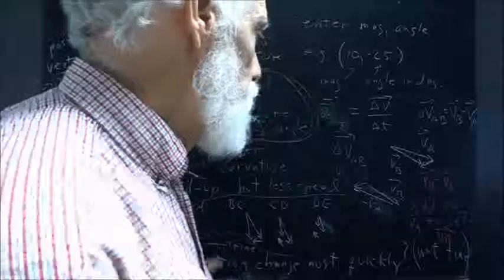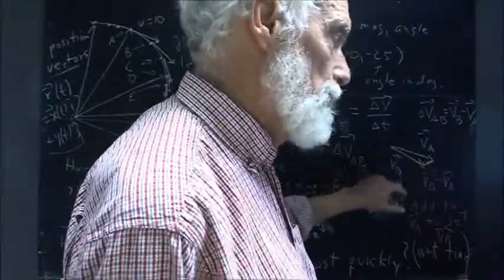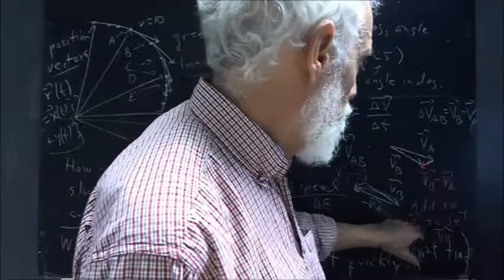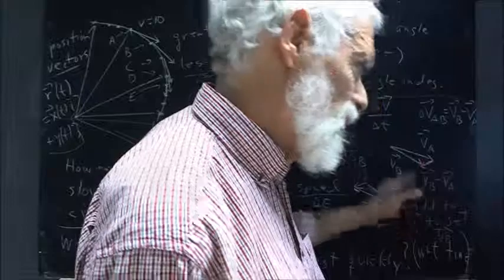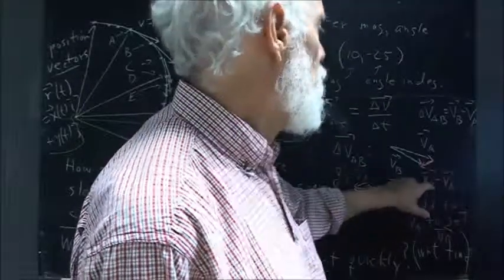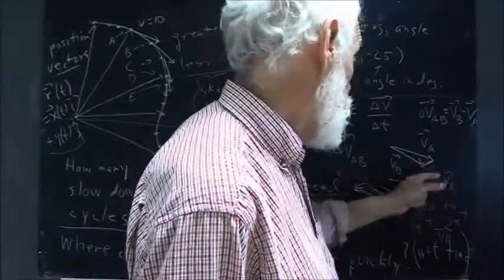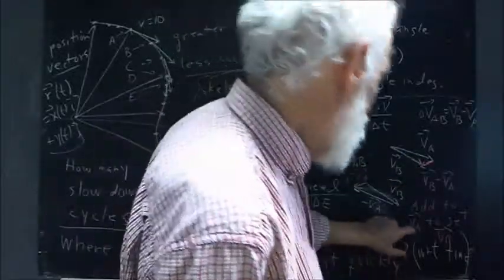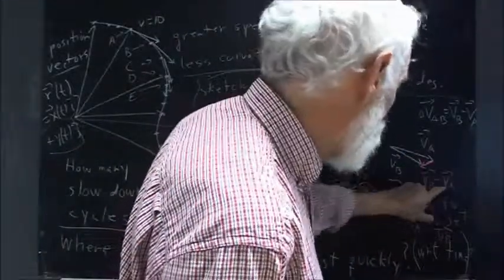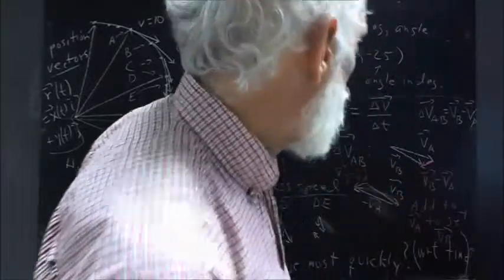Another way to say it is that VB minus VA is what you add to VA to get VB, because if you do VA plus VB minus VA, you get VB. If you add this to this, you get this.